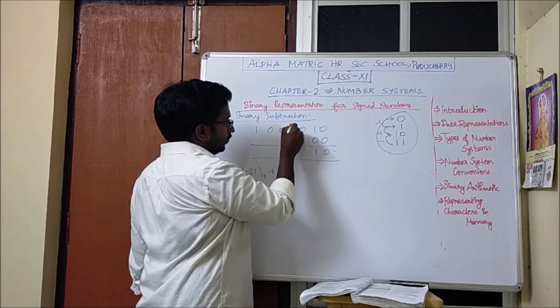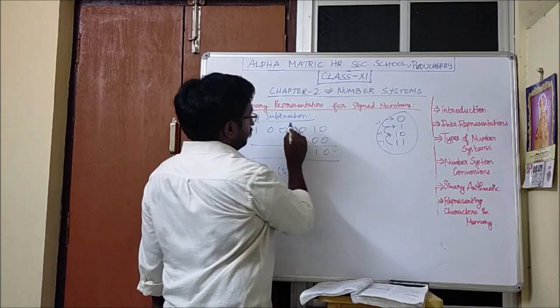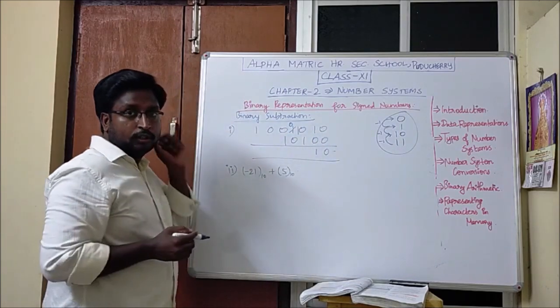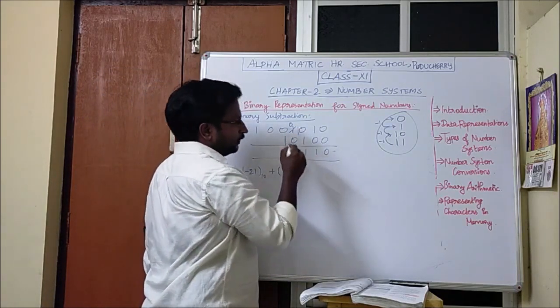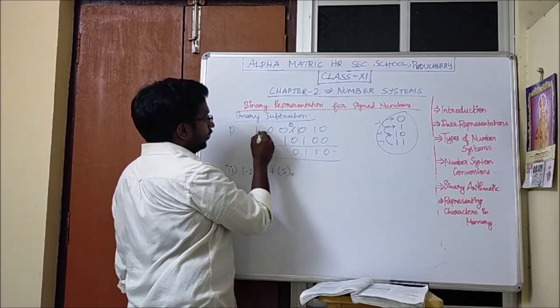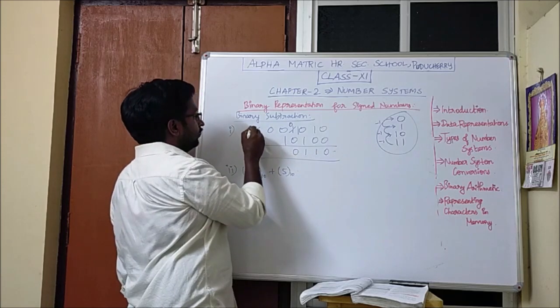By cancelling it, the previous number 1 becomes 0. So I am putting 0 and carry forward 1. Now it becomes 10. 10 minus 1 is 1. Here is 0. And again here also I cannot borrow from 0, so I am borrowing from here.